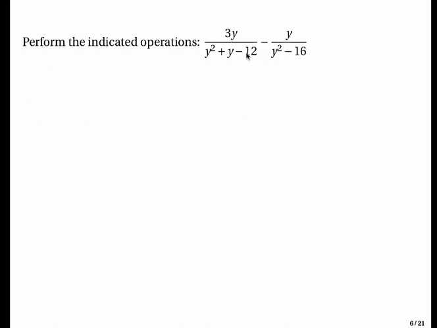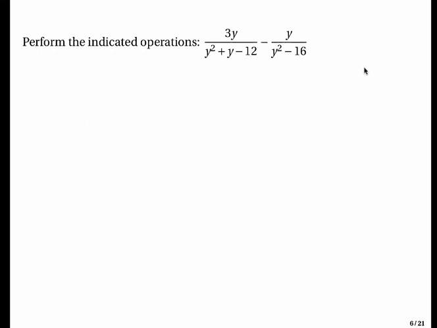So, we have the difference of two rational expressions here. We will combine them into a single rational expression. And one way to do that is to study the denominators and find the LCD. And then we will rewrite each rational expression using the LCD as the denominator.